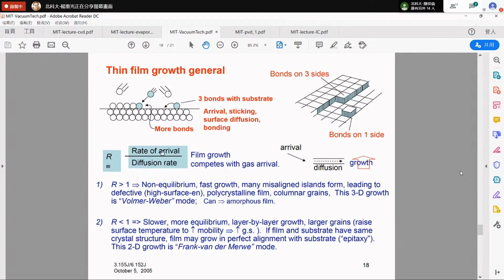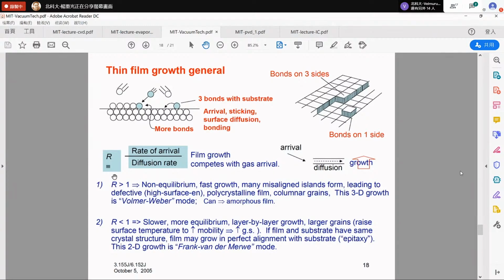So in the first case, you see that film growth competes with gas arrival. This is gas arrival, and this is film growth, and we are trying to compare which goes faster, the film growth or gas arrival.